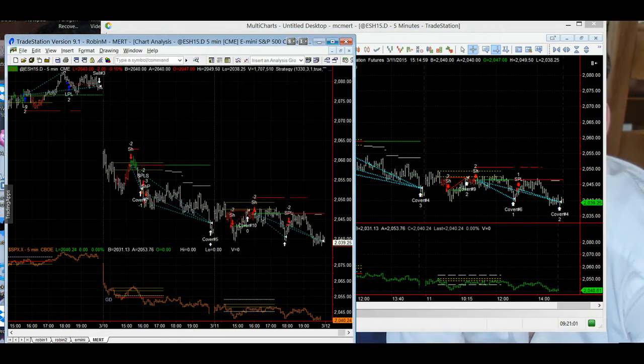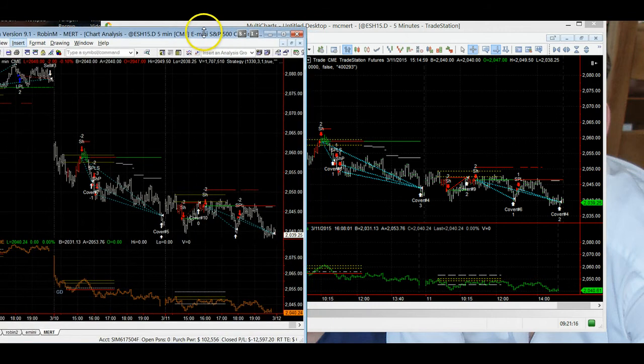So here I have multi-charts on the screen, and here I have TradeStation on the screen. As you can see, they are identical. The two pictures are exactly the same. I am using the TradeStation feed for both of them. That's only because that's the only data feed I have.